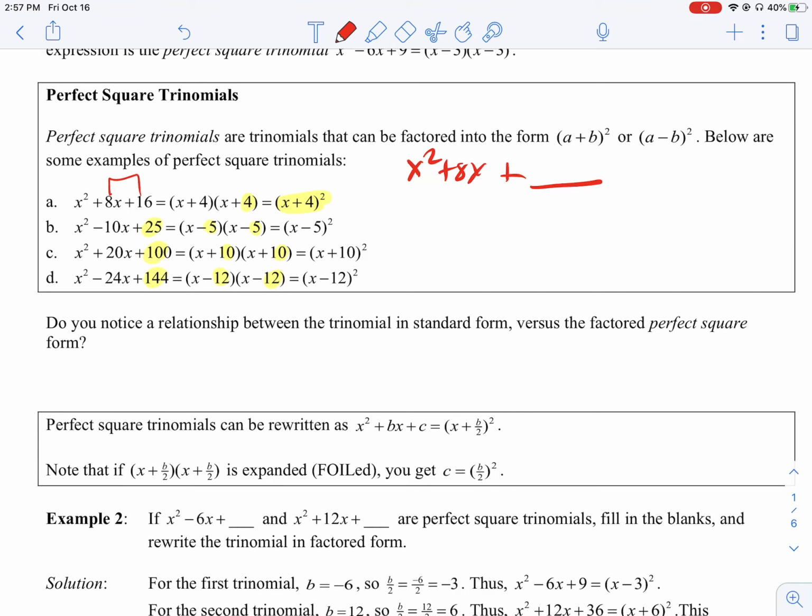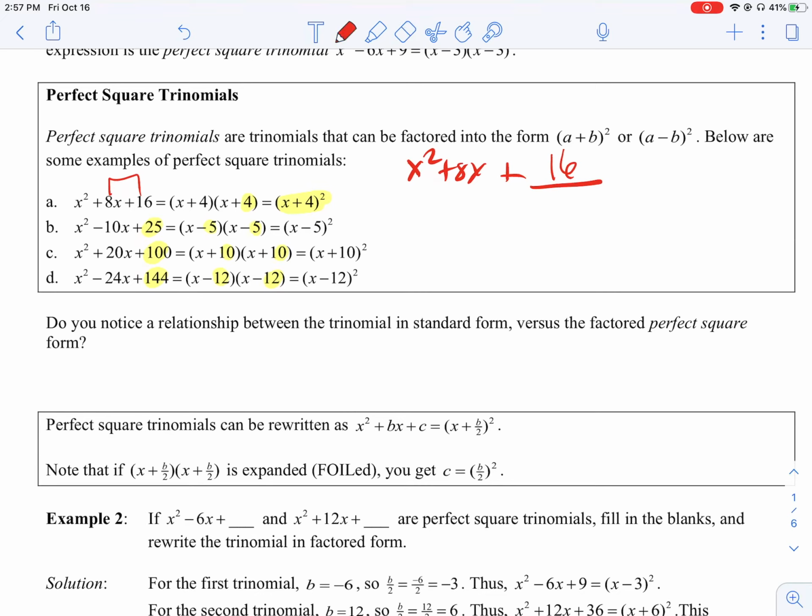Let's see if that works. If you have 8 divided by 2 and square that answer, 8 divided by 2 is 4. 4 squared is 16. And so the number that would make this a perfect square trinomial is 16. Do you think that works on every single perfect square trinomial?